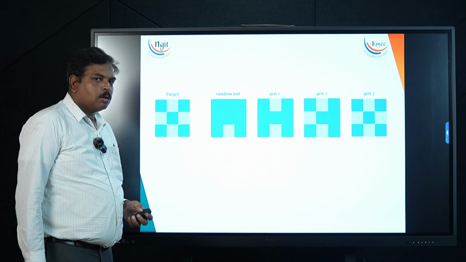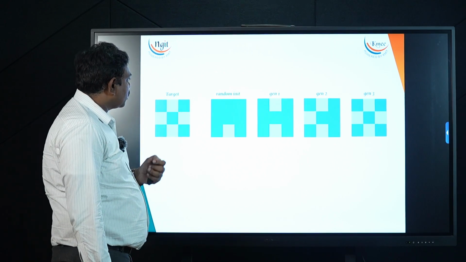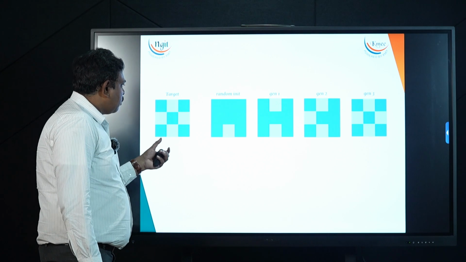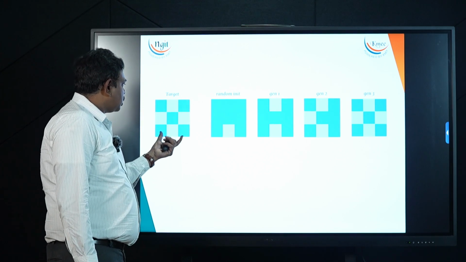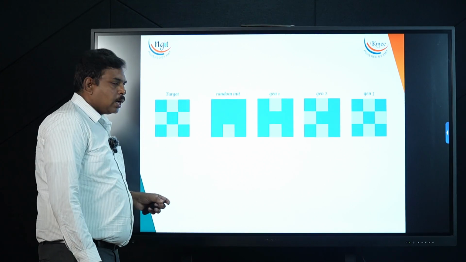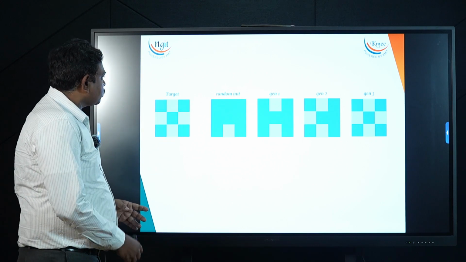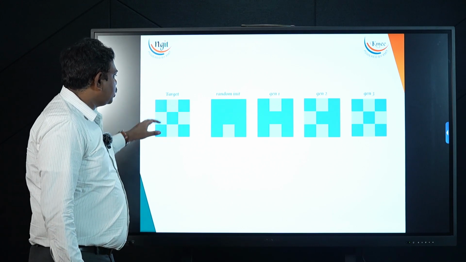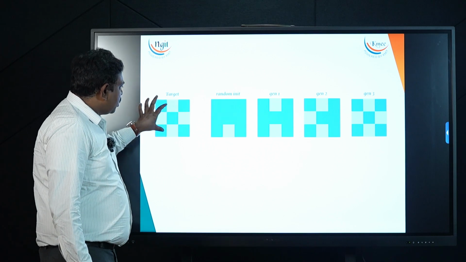Let us see a small example. In this diagram, suppose there is an image like this, where there are 9 square boxes. We human beings see the image and we remember this image.